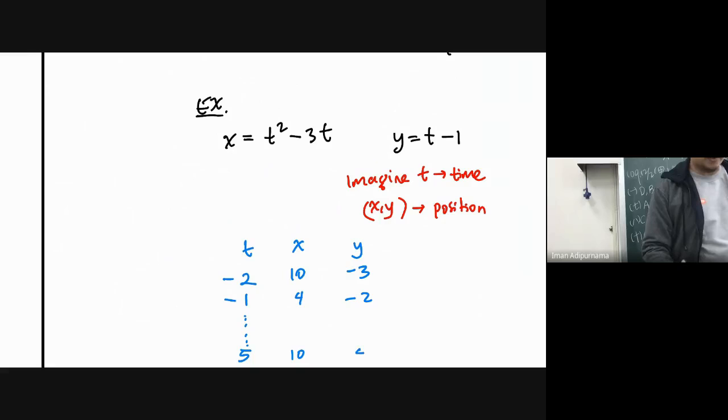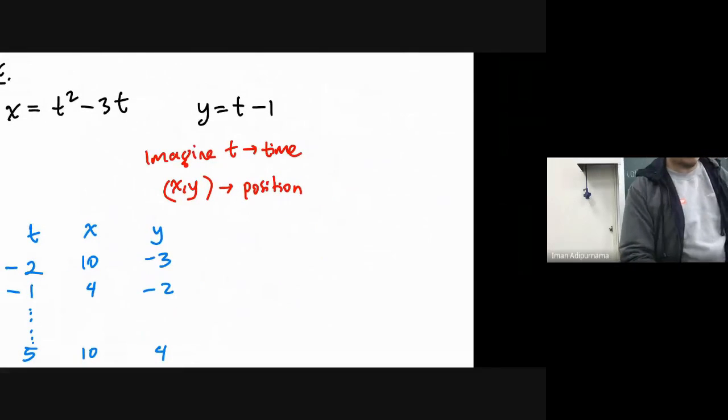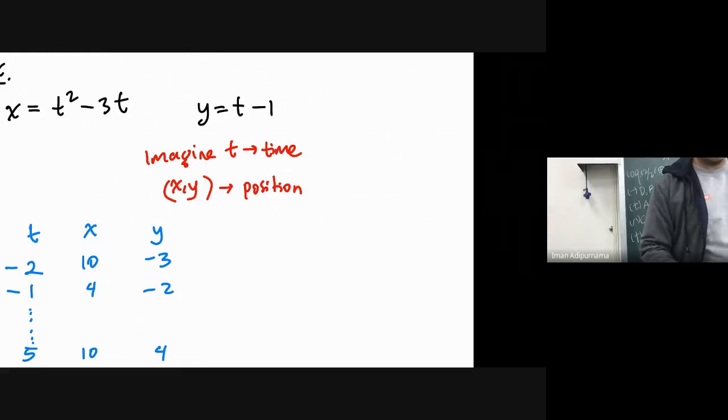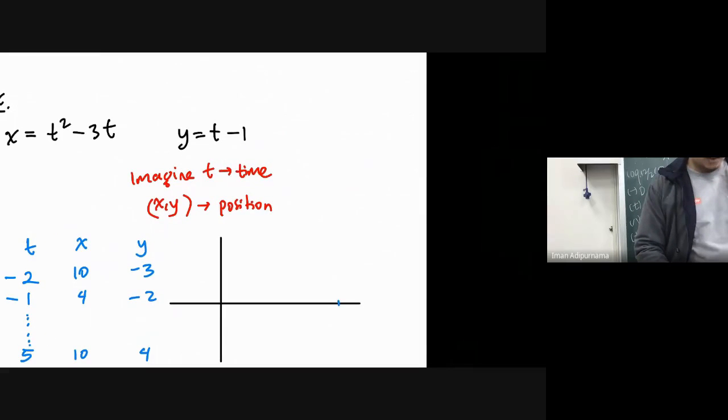It's 10, it's 4. And let me draw what the graph looks like. Let's say this is 10. This is 5.